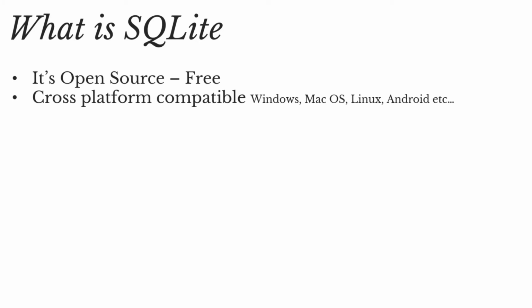We can use SQLite for multiple platforms, so on Windows, on Macs, Linux, Android, etc. If you have an application which you're using on your Linux RT Rio system, for example, you could use the same SQLite database on your RT system as on your Windows machine.